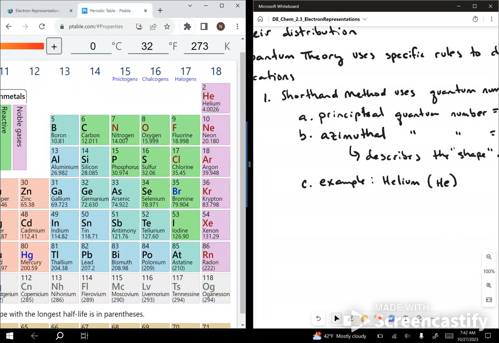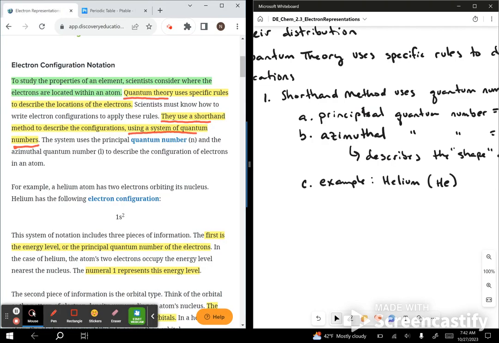Okay, so let's go back over here and let's go ahead and write this down. Helium, which has a number 2. Right? Helium has an atomic number of 2. That means we can assume it has 2 electrons. And when you take a look at your notation, you write down 1s2.